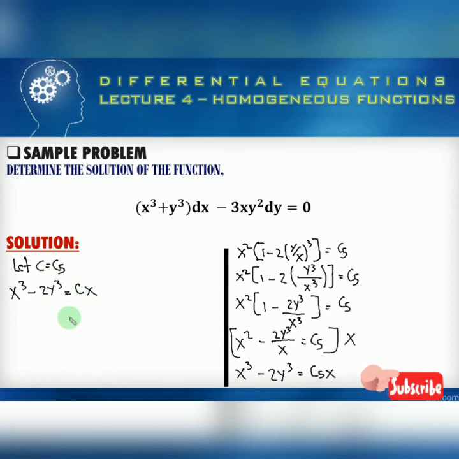We have x cube minus 2y cube equal to cx, and this is probably our final answer for this problem. This is how to get the solution of a given function.